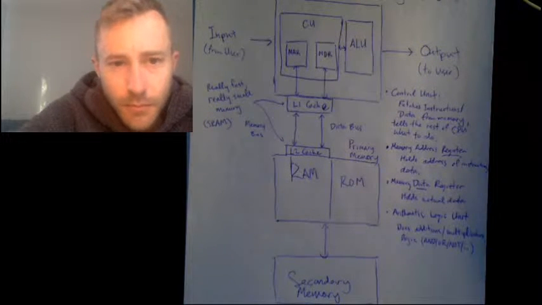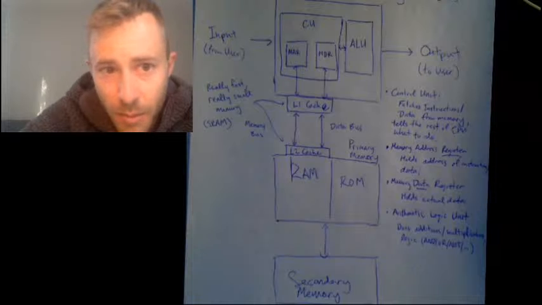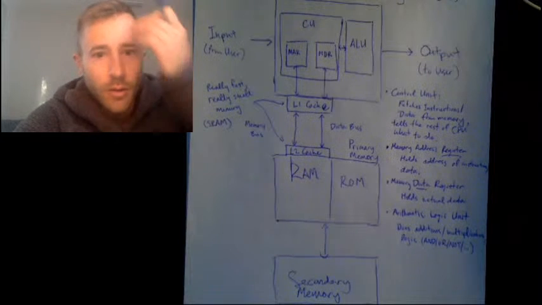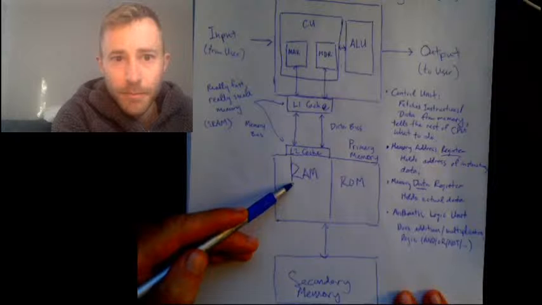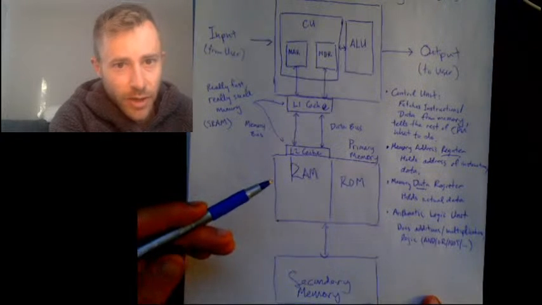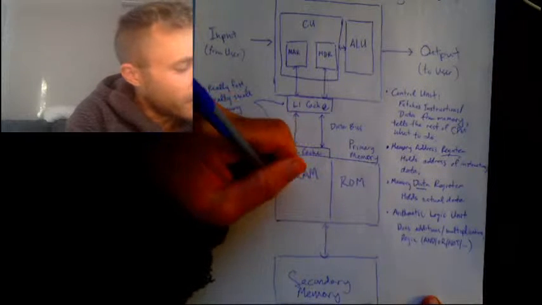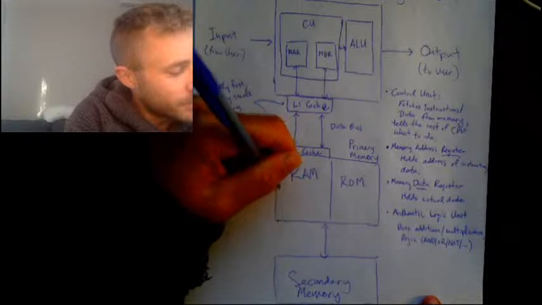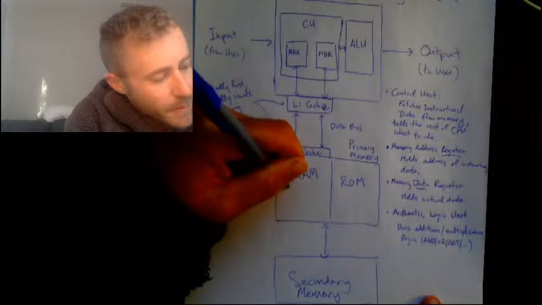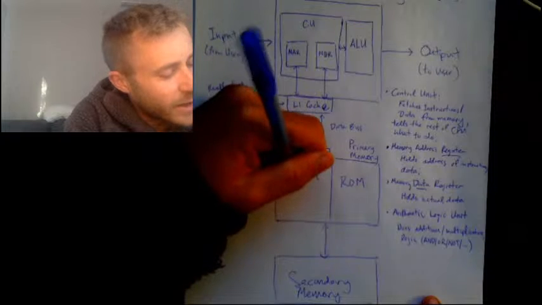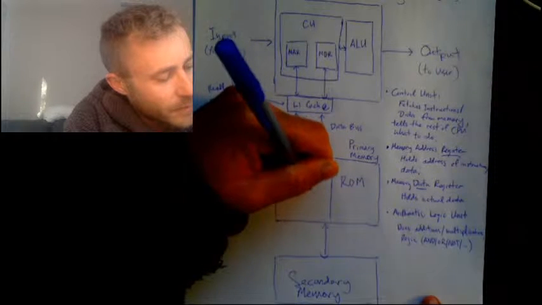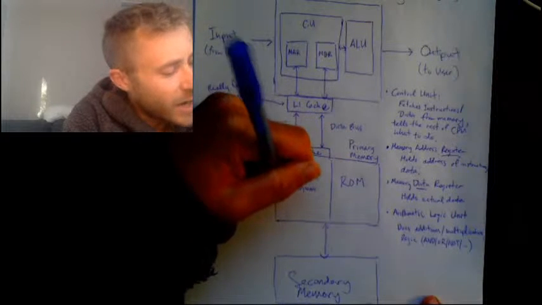Then we have our primary memory, which is RAM, but a slower version of RAM called DRAM, which stands for Dynamic Random Access Memory.